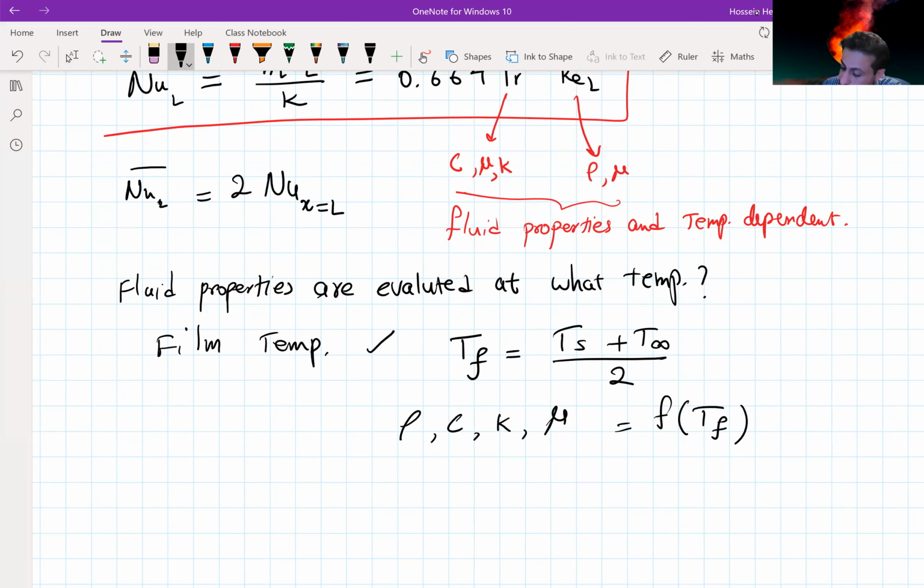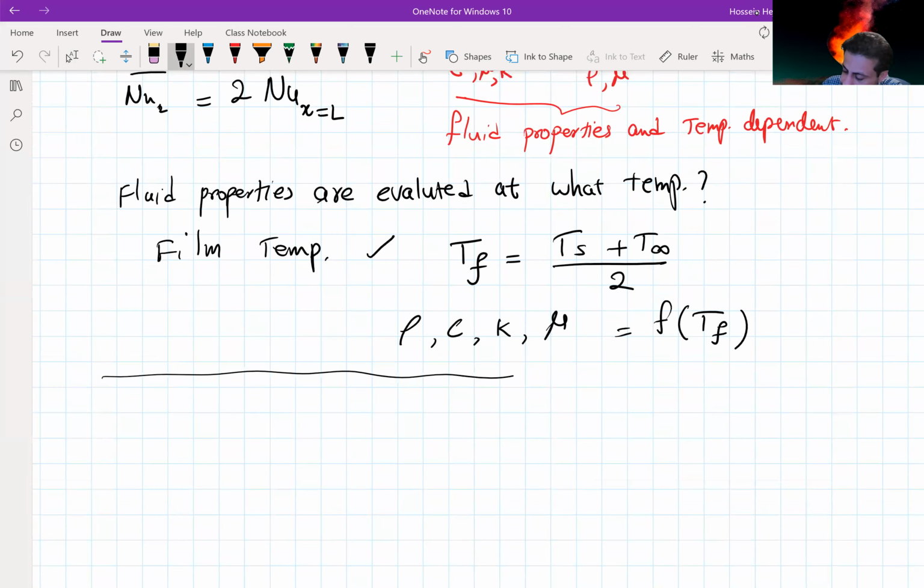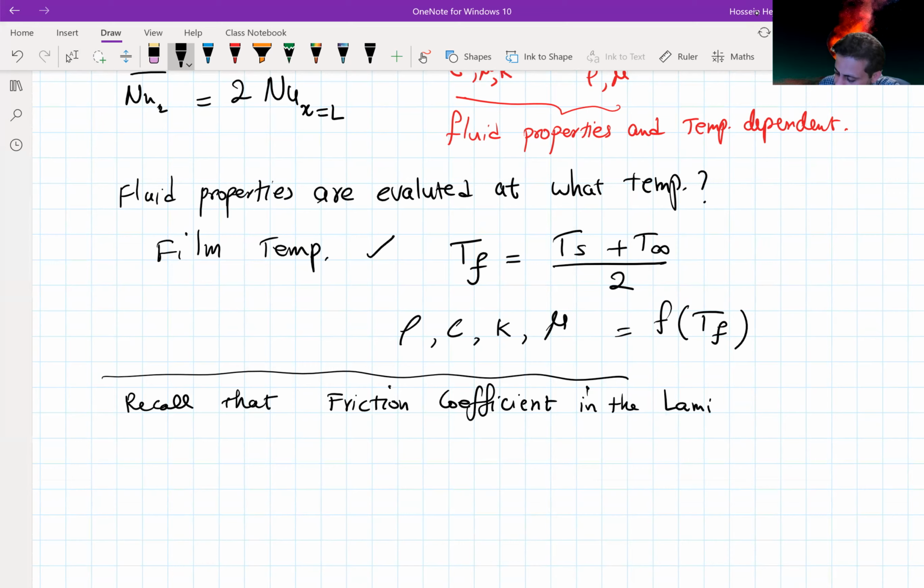And similarly, just as a reminder, similar to this heat transfer coefficient, we can find the friction coefficient in the laminar boundary layer by solving the continuity and momentum equations.